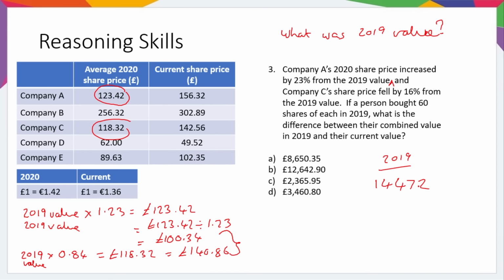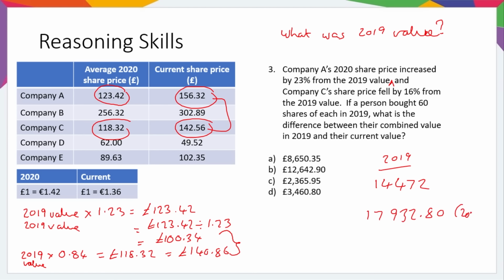And now we just need to do exactly the same thing for 2020. 60 shares of each now have a value of these two values added together times 60, 156.32 plus 142.56 equals whatever. Who cares what that value is, because we're just multiplying it by 60, and that is 17932.80.